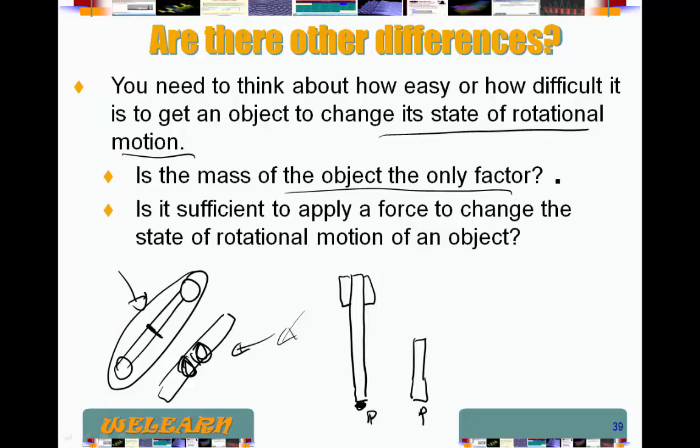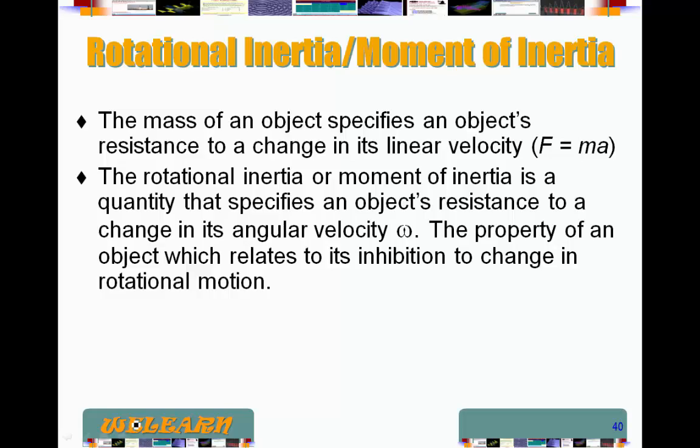What's going to matter in this case is the way we distribute the mass relative to the point about which we want to rotate the object. Now, since here we are talking of the ability to change the state of motion of an object, that leads us to think of the word inertia.